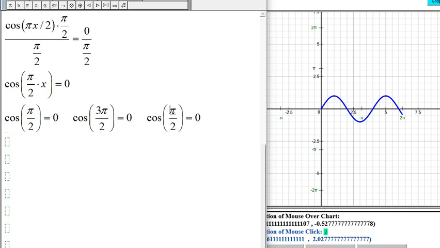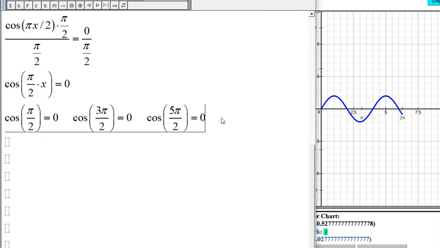And then 5 pi over 2 is 0. And so here we have 1 pi, 3 pi, 5 pi. And so the next one should be 7 pi over 2, but this is more than 2 pi, and so 7 pi over 2, that's going to be 0. And then we can stop there and we'll see if that's enough or not.